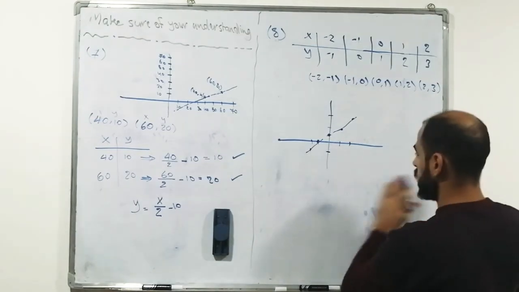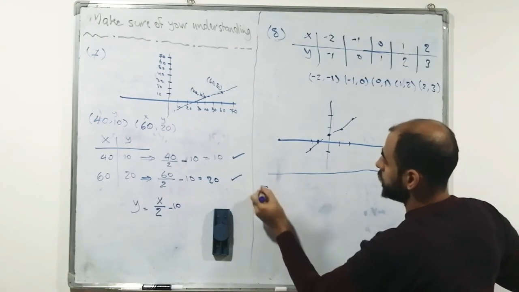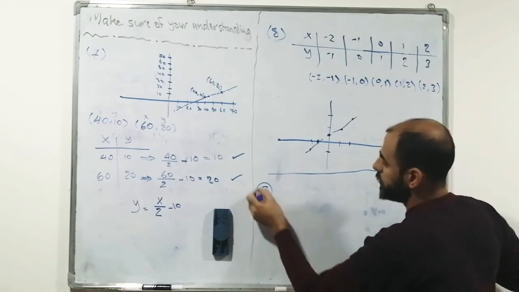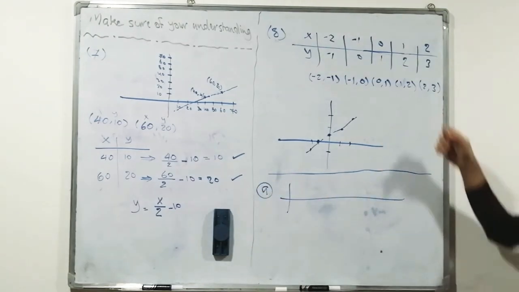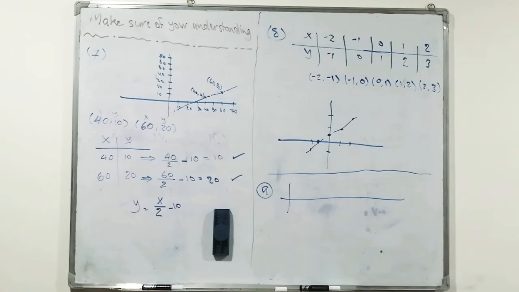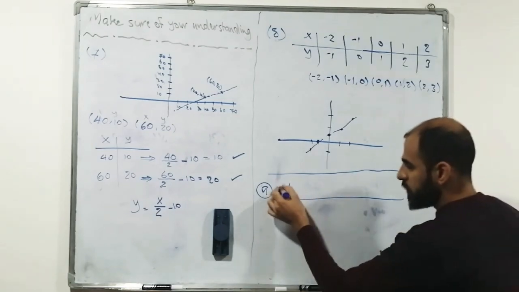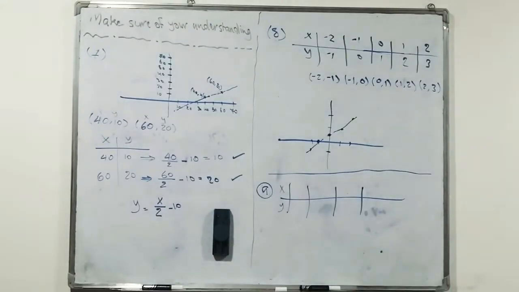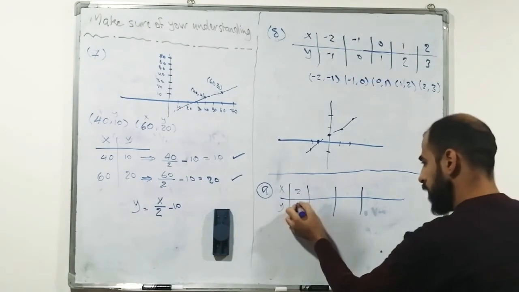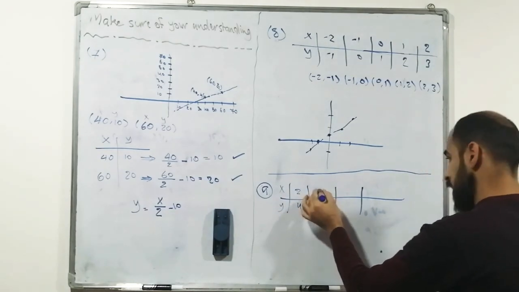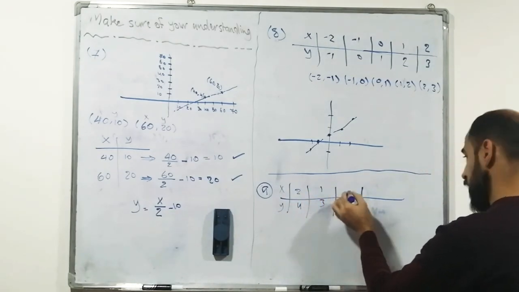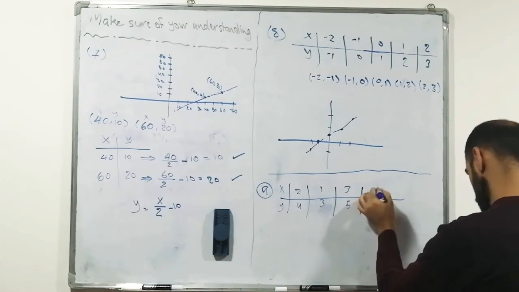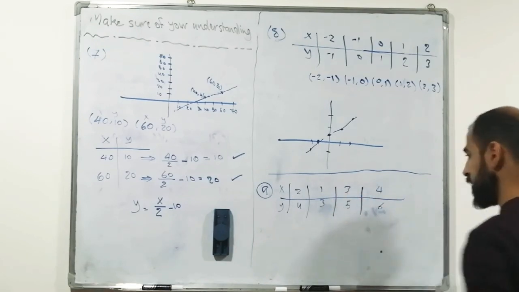Question number 9. We have the same kind of question as number 8. A function table, we have to determine it in the coordinate plane. The function table is 2, 4, and 1 with 3, and 3 with 5, and 4 with 6.